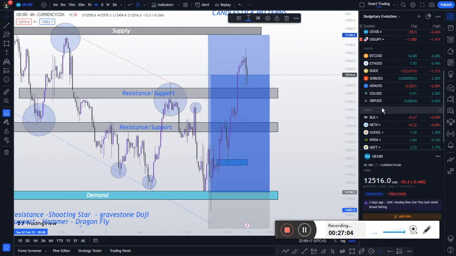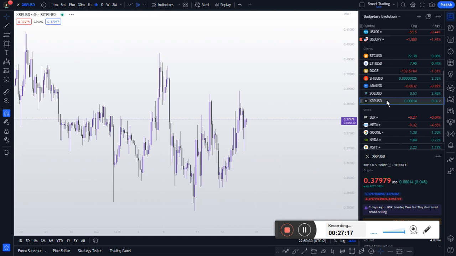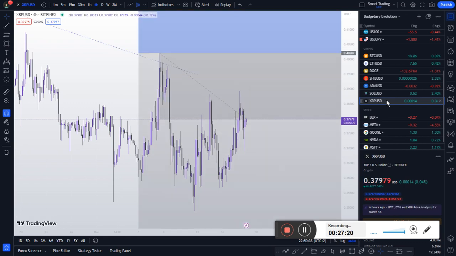If you have money that you want to play with, money that you don't care about, money that you just will not cry over if you lose it, I want you guys to go look for XRP USD. XRP stands for Ripple. It is a cryptocurrency, as you can see, it falls under crypto.